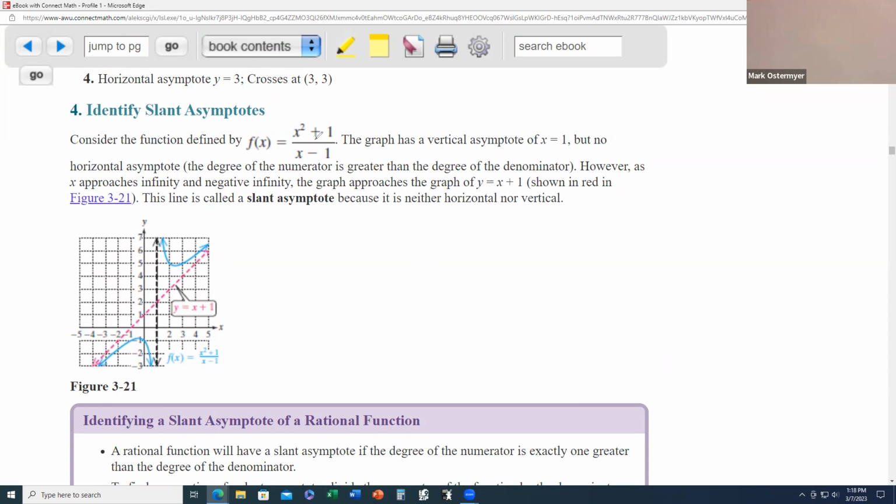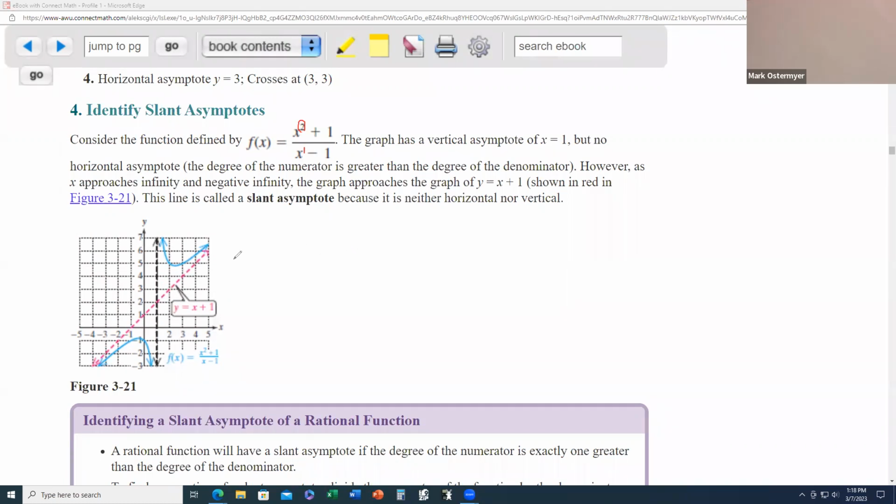If the degree of the numerator polynomial is precisely 1 larger than the degree of the denominator polynomial, then your rational function will have a slant asymptote, of which the graph will approach when x gets very large or very small.